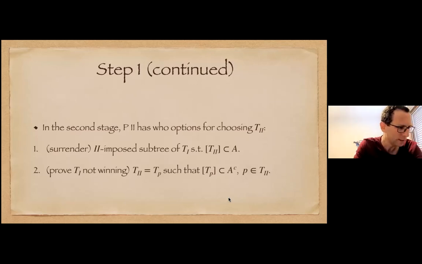So P has to be in T1, and it also has to be the case that after P, any extension goes to the complement of A. So this is a proof that T1 is not winning. If T1 was winning, how can it be the case that I can find a position in T1 for which all the extensions are not in A? So this is a proof that T1 is not winning.